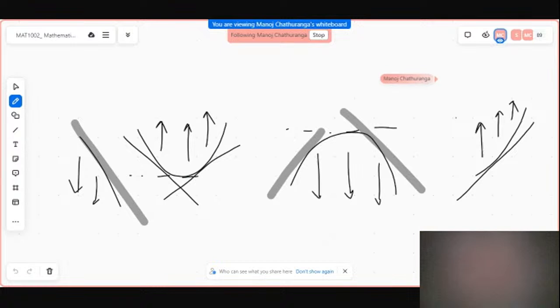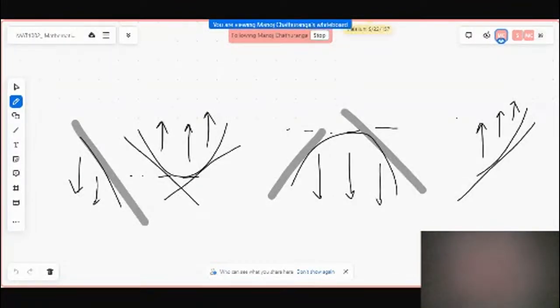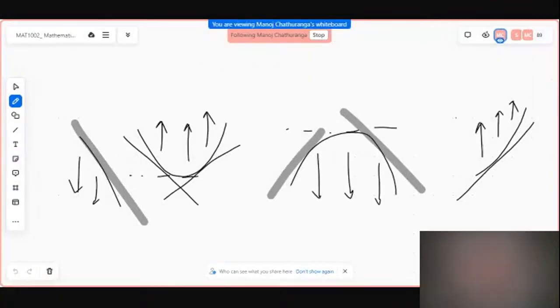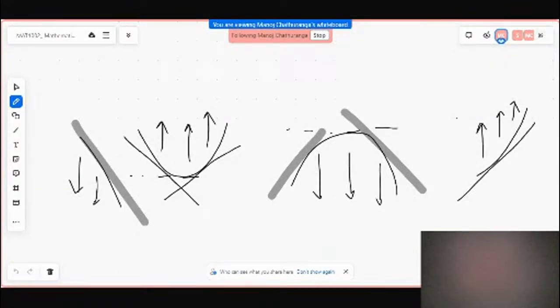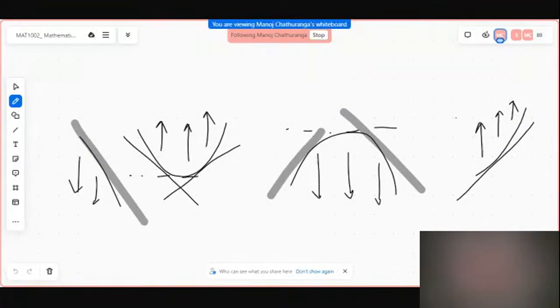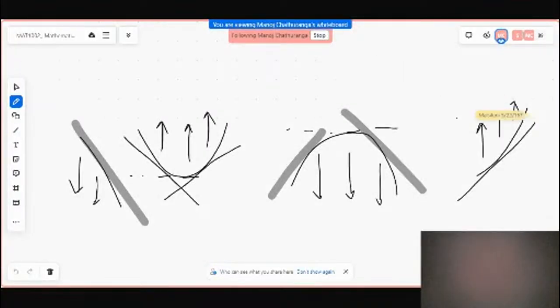So we should have some way of recognizing concave upness or concave downness using derivatives. So let's think about this. Let me erase all these pictures.